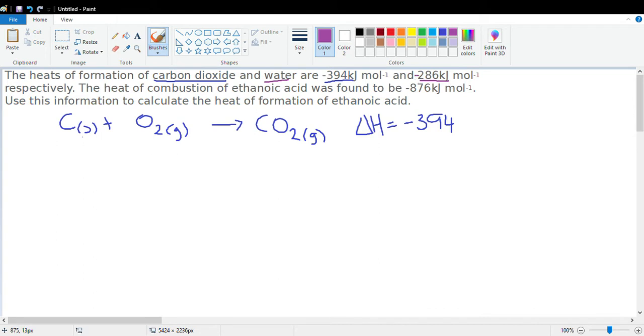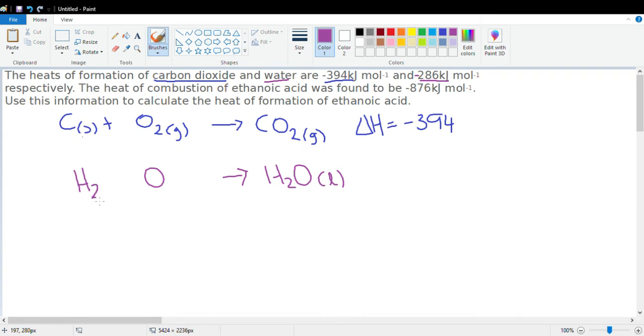So again, heat of formation of water is the formation of 1 mole of water, H2O, in its standard state. It's going to be a liquid. Remember, standard state is at 25 degrees Celsius and 101 kilopascals of pressure. And that's going to be made from its elements, hydrogen and oxygen.